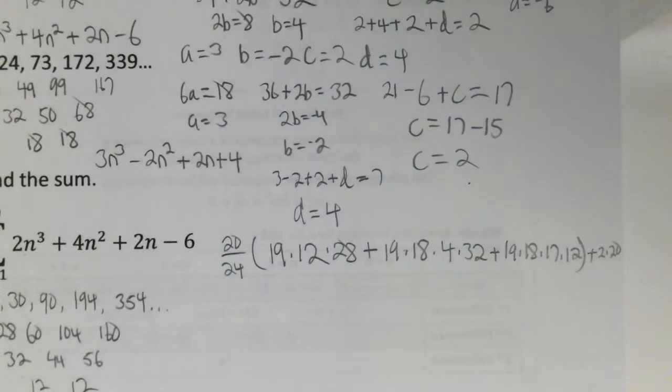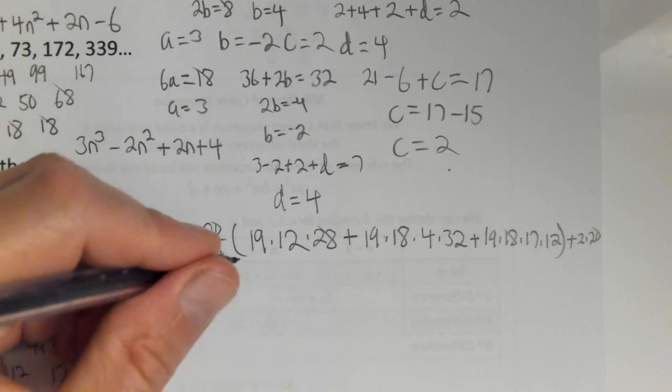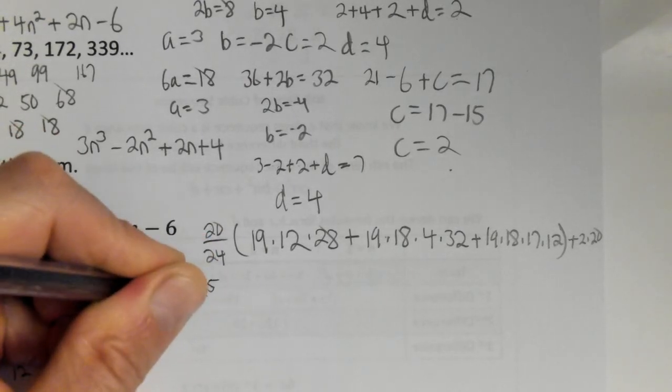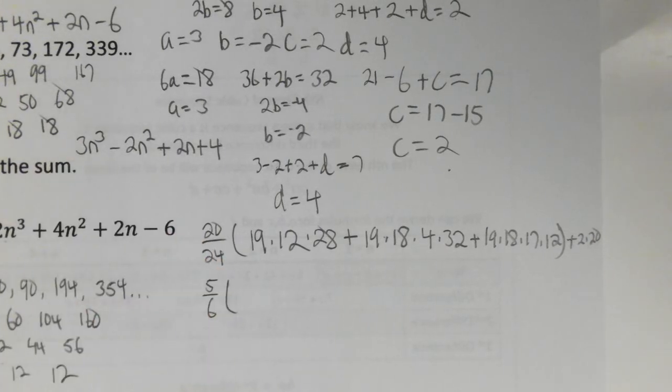So from here it's just a matter of simplifying this down. You could actually put this whole thing all into the calculator at one time if you wanted to, but let's just go ahead and do it step by step. So 20 over 24, that's going to be 5 over 6. So we'll multiply that out when it's time.